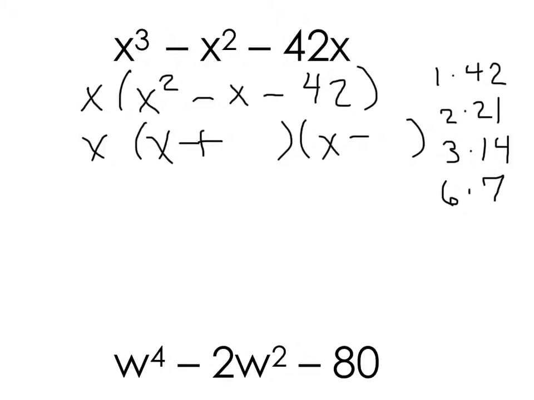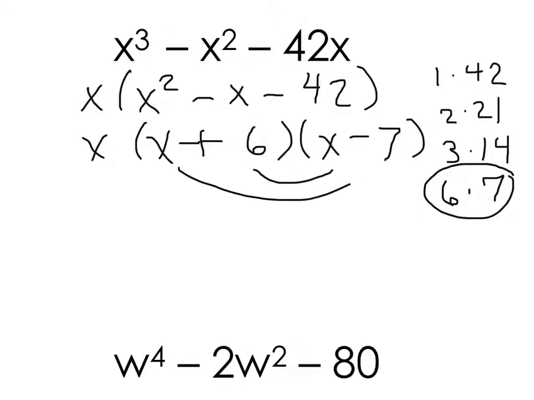So we want, because it's a plus and a minus, the factors that will subtract and give us negative x in the middle. Are you going to make the 6 positive or negative? And make the 7 negative. That will give us 6x minus 7x, and that will give us our minus x that we want.